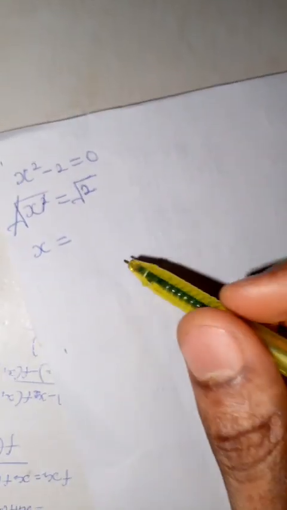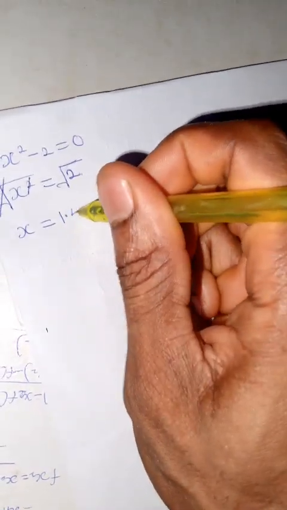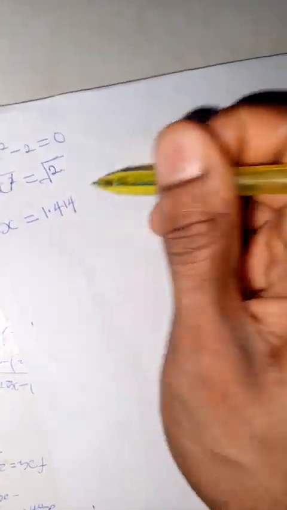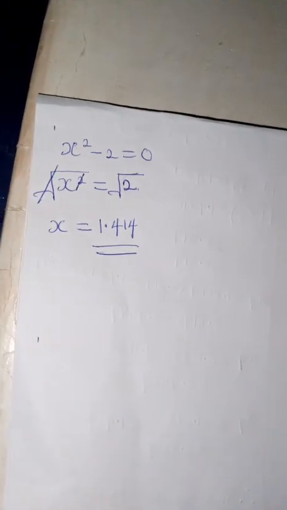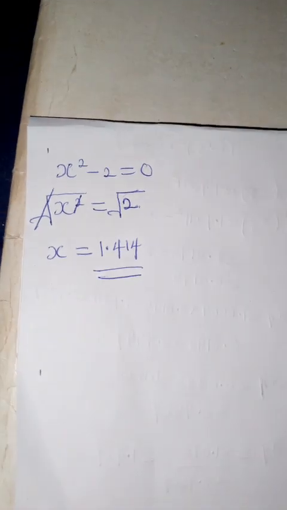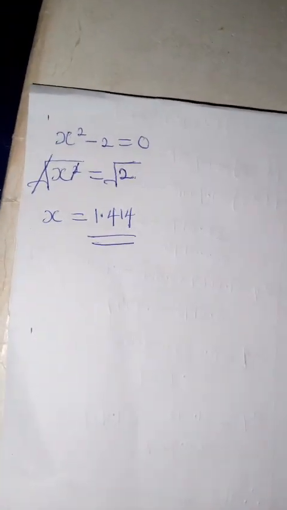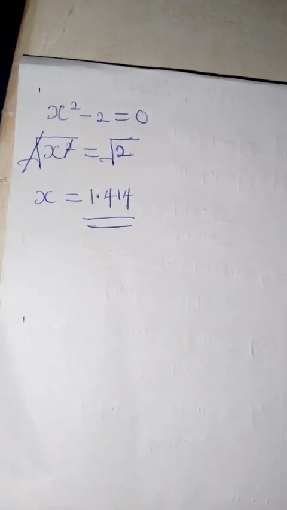If we take the square root of 2, it will give us 1.414 to 3 decimal places. So our answer is correct, 1.414. That is the approximate root of the given equation using secant method.